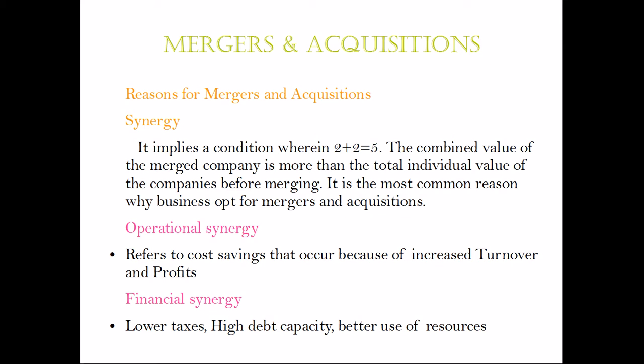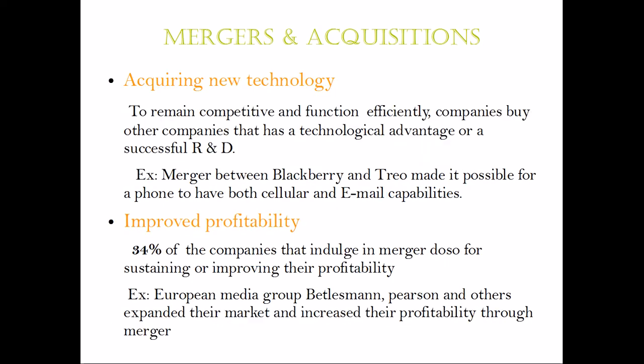So it could be lowering the taxes or increasing the debt capacity, which increases the leverage of a company, or better use of resources. If one company lacks resources and another company has resources, then it will result in a synergy called a financial synergy.